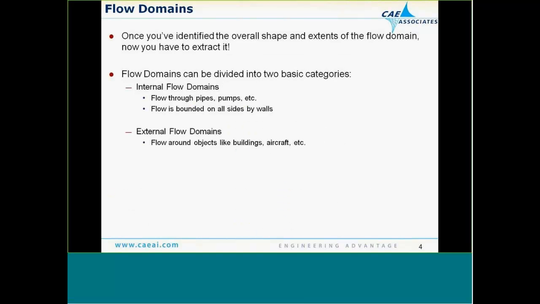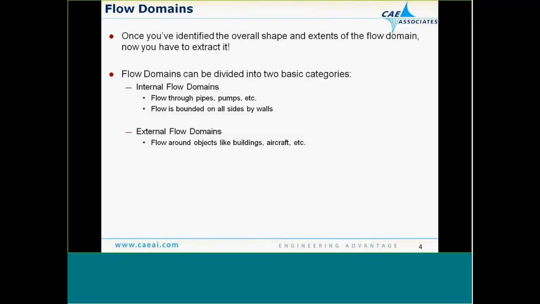So once we've identified the overall shape and extents of the domain, we have to go ahead and extract it. Now, before we discuss how we go about doing that, an important note is to understand that we can generally divide flow domains into two basic categories. We have internal flow domains, so flow through pipes or pumps or anything else where the flow is bounded on all sides by walls.